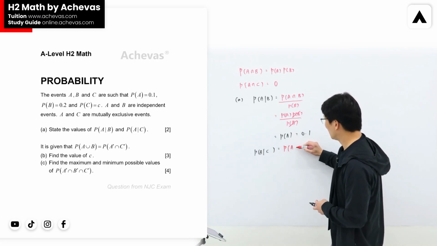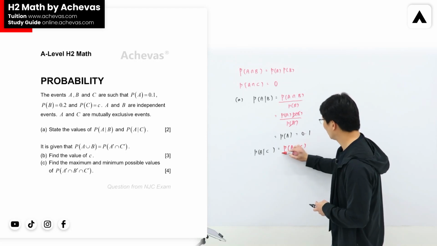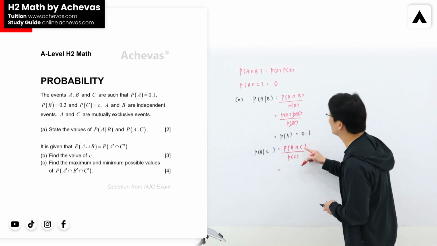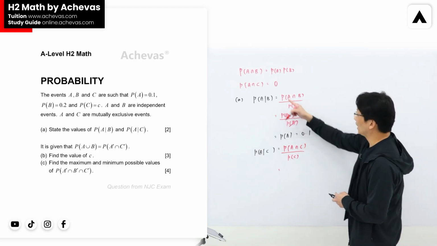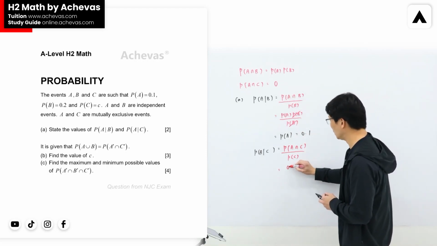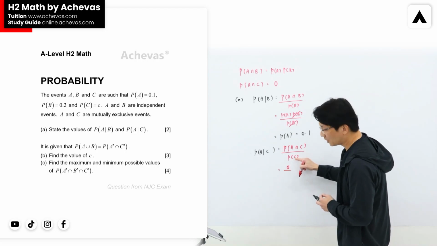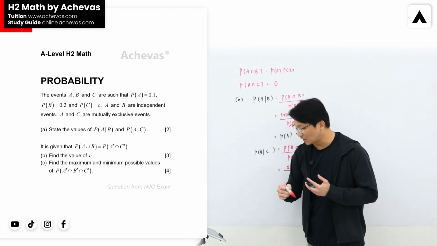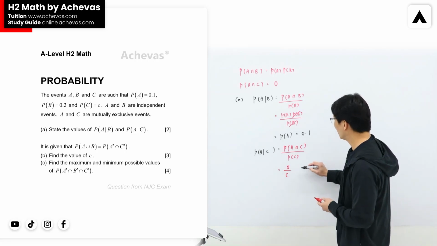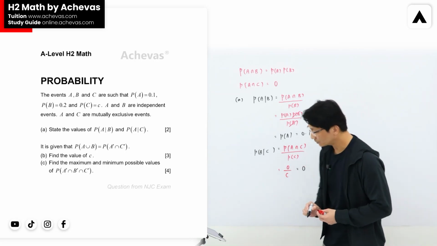It will just be probability of A intersect C divided by probability of C. And since we are already given the value for A intersect C equal to 0, since they are mutually exclusive, it will just be 0 divided by the value of C. Probability of C is given to be C, so I'll just write down as divided by C. So therefore, the final answer will just be equal to 0.